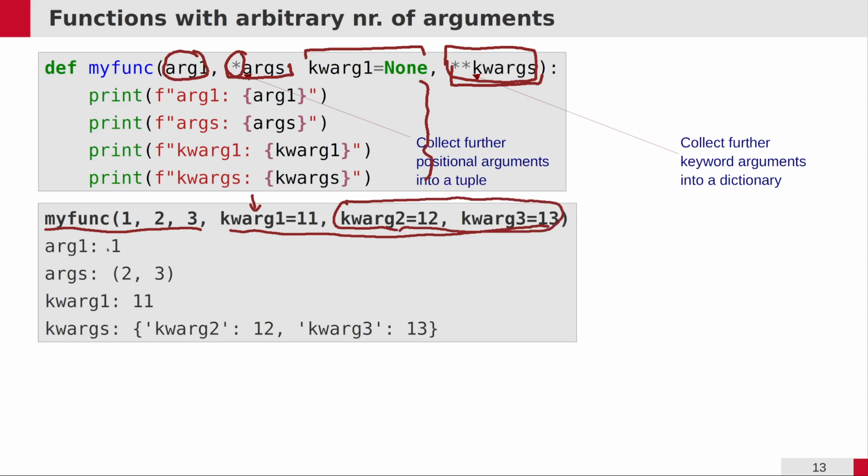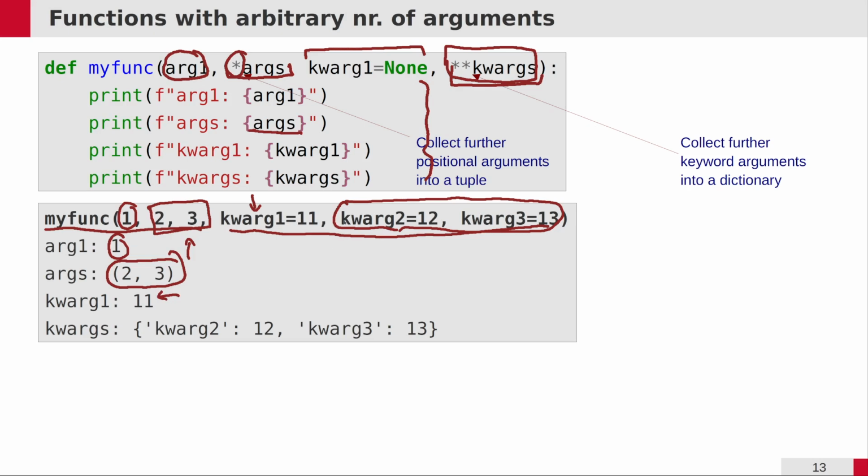And if you call this function, you see that, okay, the first argument was a position argument, it's associated with arg1. Then we had 2 more arguments, which are additional arguments, which were collected by the star args. So under the name args, you have a tuple with the elements of those additional arguments. Here I just printed args, and this is a tuple with 2 elements. The same for the keyword arguments. Here the first keyword argument was specified here, and it got the value 11.